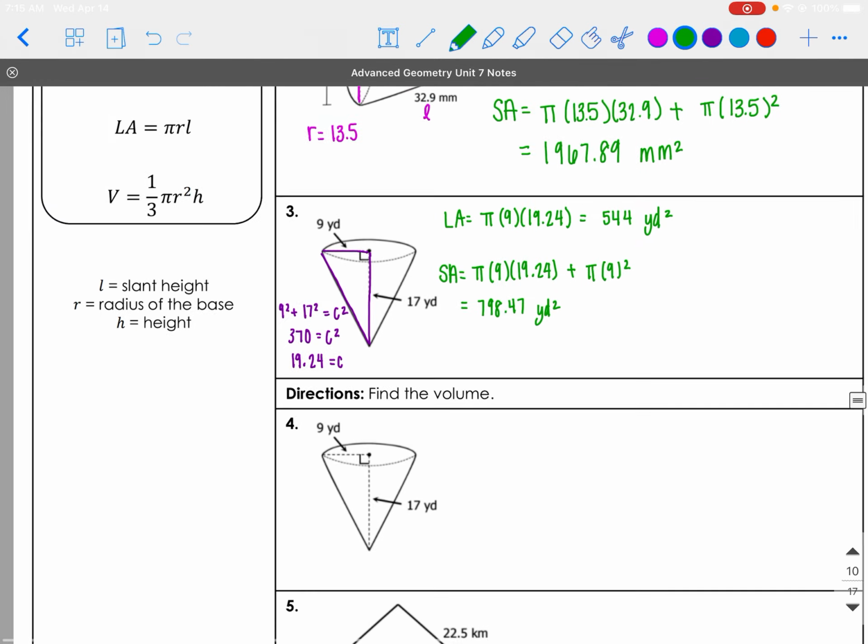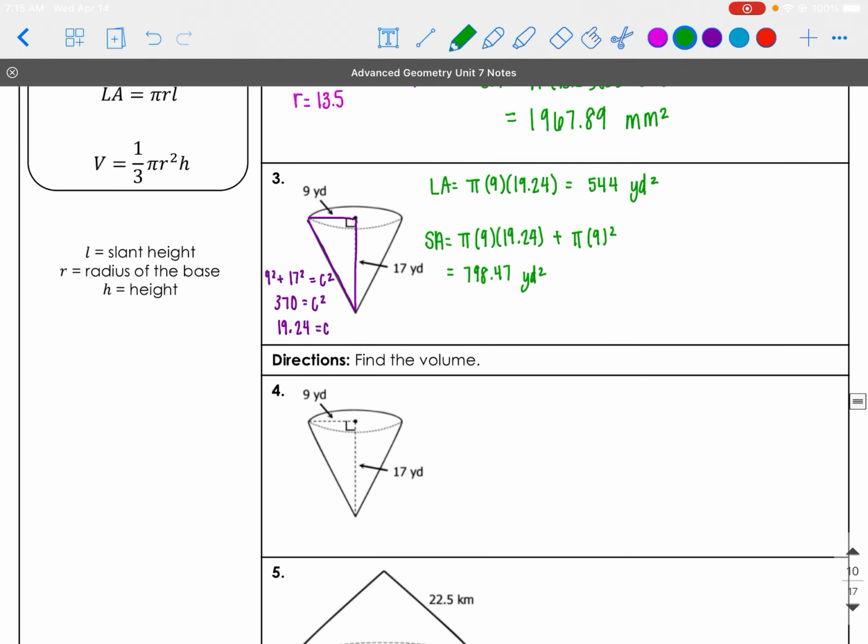All right, now let's look at the volume. 1/3 pi r squared h. So we need the r and we need the h.